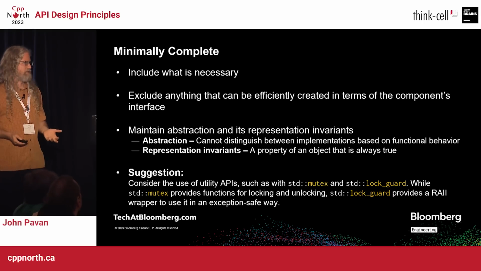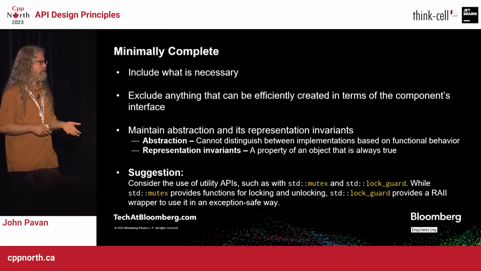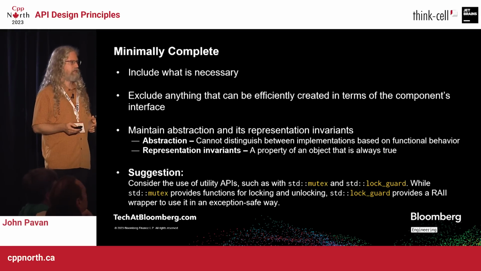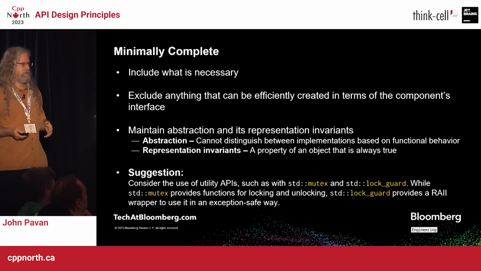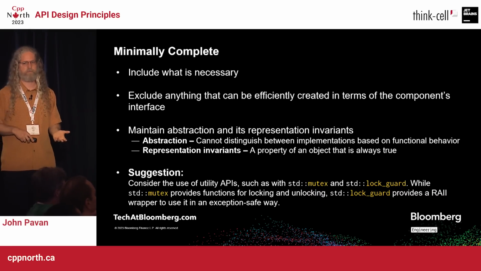A good example of this is if you consider how mutex and lockguard interact. Mutex is relatively minimal in that it provides functions for locking and unlocking. And then lockguard is kind of a utility class that works with it in order to provide the resource allocation as initialization pattern so that you can use it in an exception-safe way.